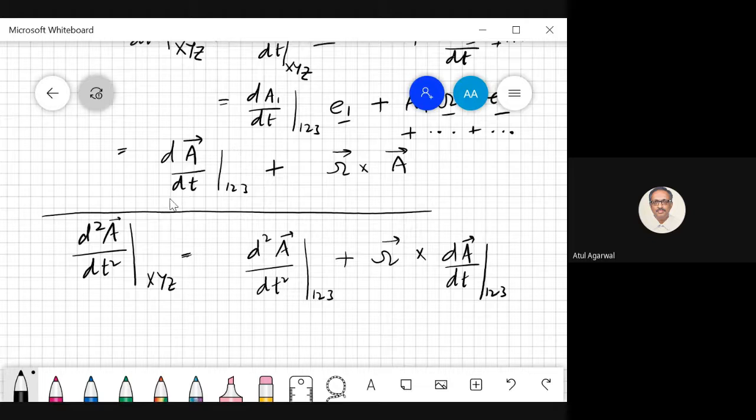If I want to find its derivative with the capital XYZ system, one thing is its derivative with respect to the 1, 2, 3 system plus omega cross this entire vector, plus now we will apply the product rule of differentiation to this: omega dot cross A plus omega cross dA by dt in capital XYZ.